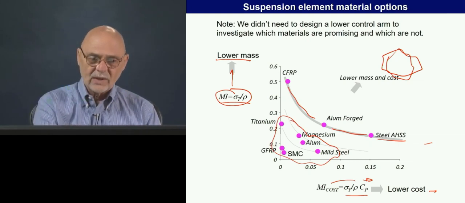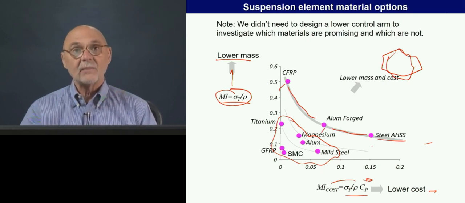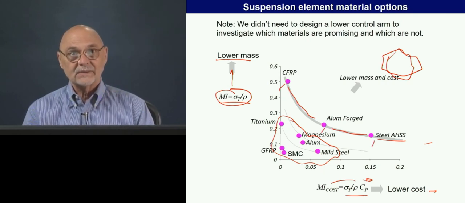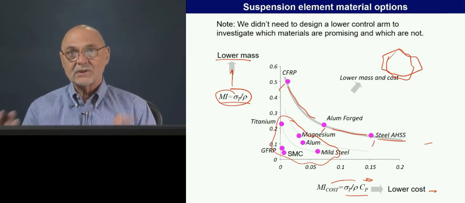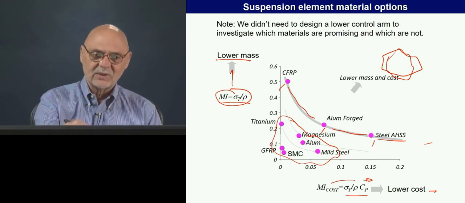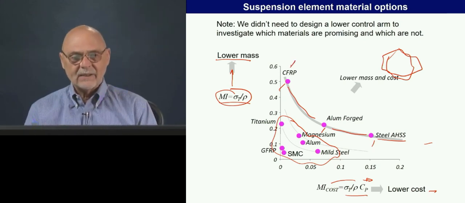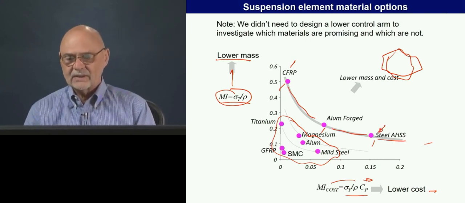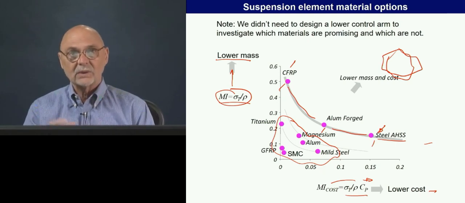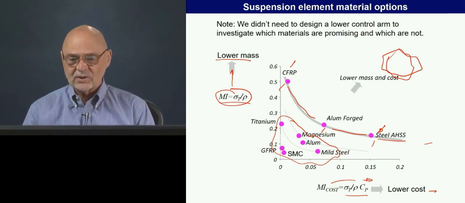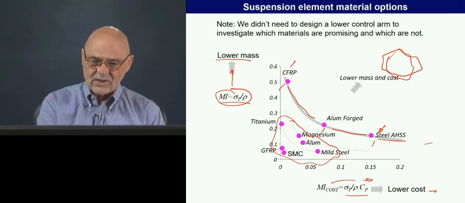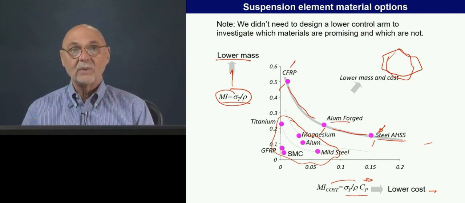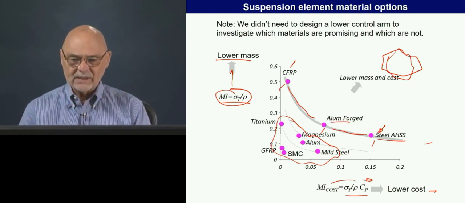We would choose only one of these three, depending on how much we value cost. If cost is totally irrelevant, if we're designing a supercar, then carbon fiber reinforced plastic would be the best. If we're designing a little budget car, then we would want an inexpensive material, so steel would be best, and for something in between, aluminum would be best.